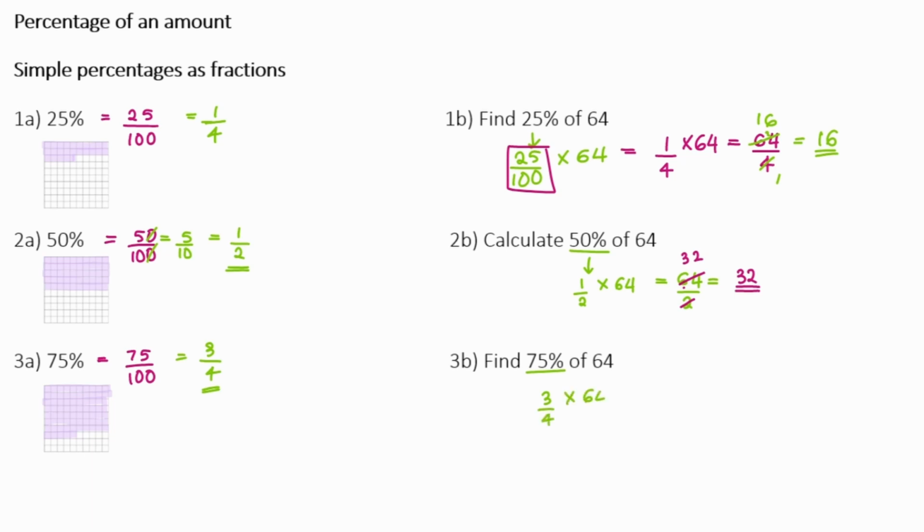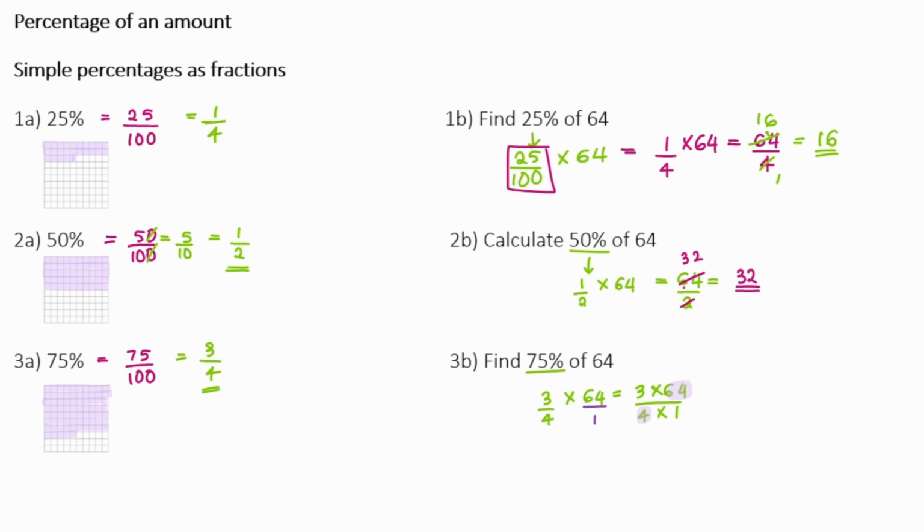So I'm going to multiply 3/4 by 64, and I'm going to put this as a denominator of 1. So 3 times 64 in my numerator, and I've got 4 times 1 in my denominator. Before I multiply this out, I'm going to check for common factors in my numerator and denominator.